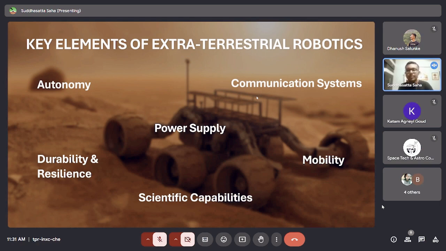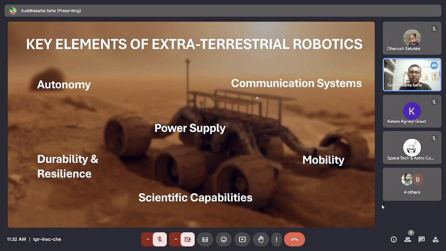Then we come to this important part of scientific capabilities, which defines a rover's operational success. By scientific capabilities, I mean that these rovers are equipped with various tools and scientific instruments to collect soil samples, to analyze rocks, to collect specific samples which we want them to collect, using, say, a robotic arm on board the rover.